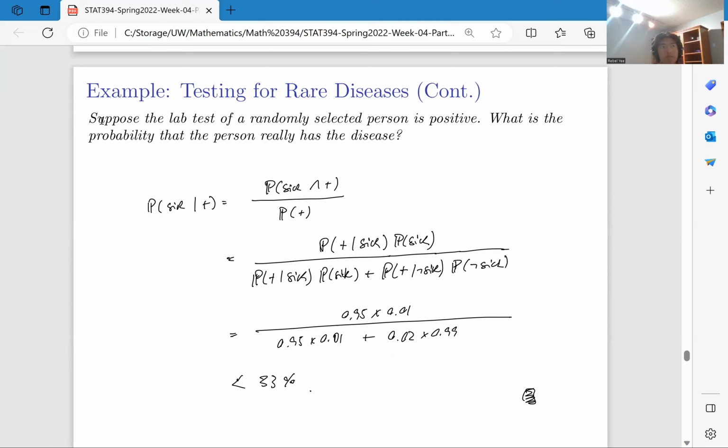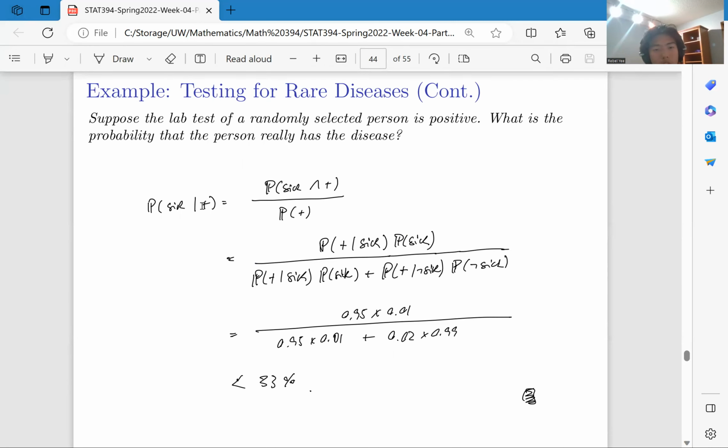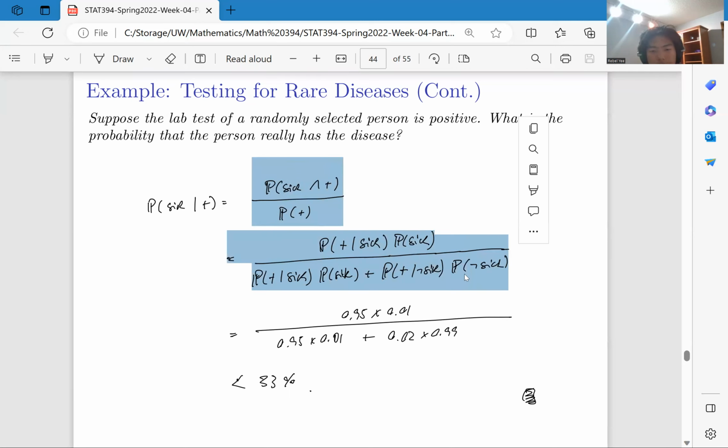And this is a new condition. We already know the test is positive. This is the probability of sick given positive, which is equal to the probability of sick intersection with positive divided by the probability of positive. And then we use Bayes' law here.